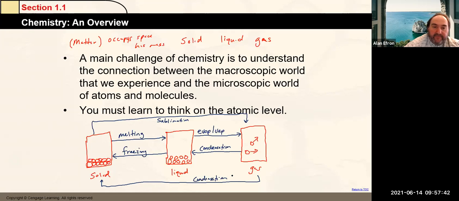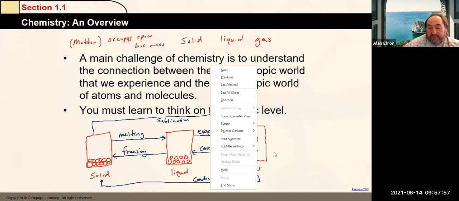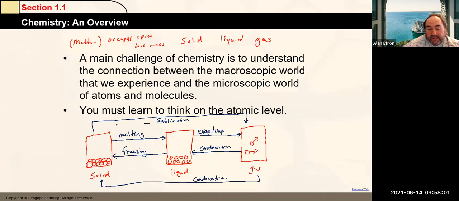So these transitions that occur are a lot of what we deal with in chemistry. Other important things about this, and again, some of this you might be familiar with: when we talk about these processes, melting and freezing, they do occur at the same temperature.